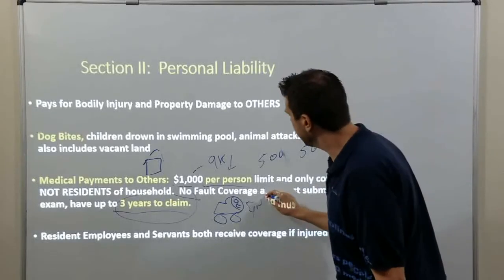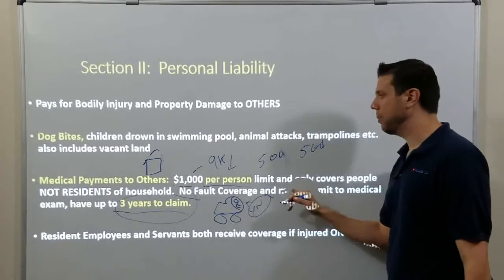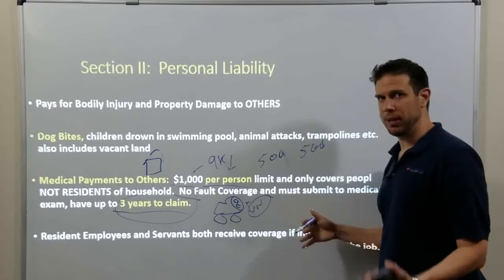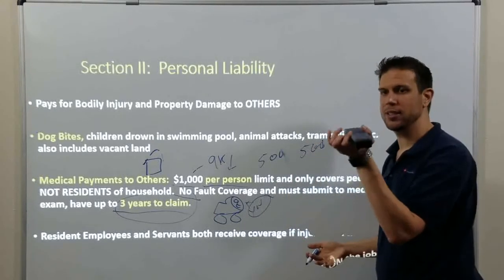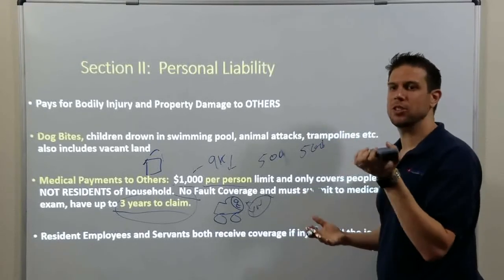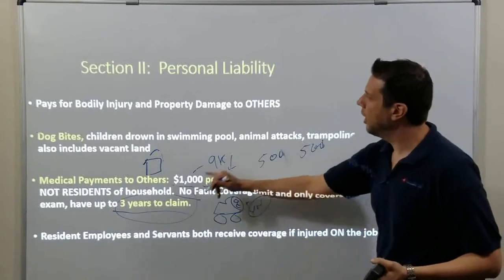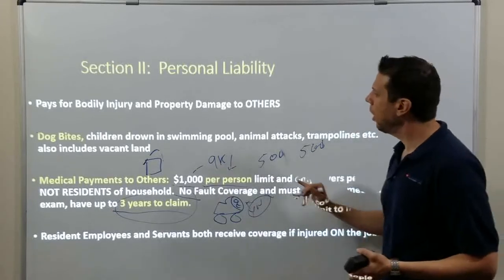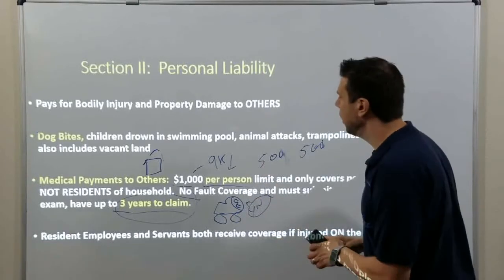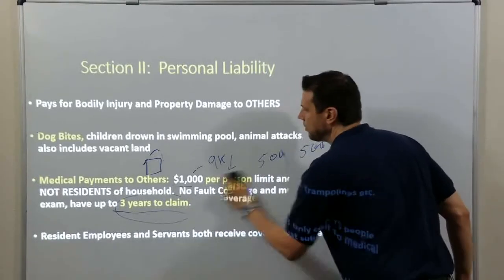But auto insurance pays you medical payments and other people in your car. So make sure you know the difference. Property insurance, home, business, dwelling, pays other people visiting you. Auto insurance will pay you and people in your car medical payments.